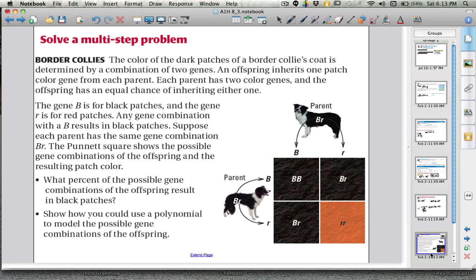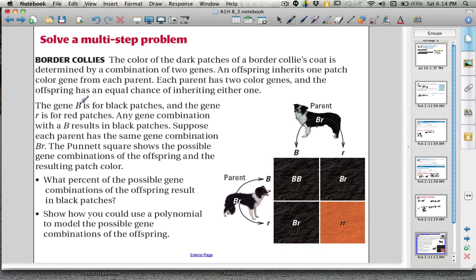Applying this to a different type of problem with a real world wrapper on it. When we're talking about these border collies, the color of the dark patches on a border collie's coat is determined by a combination of the genes of the parents. An offspring inherits one patch color gene from each parent. Each parent has 2 color genes, and the offspring has an equal chance of inheriting either one.